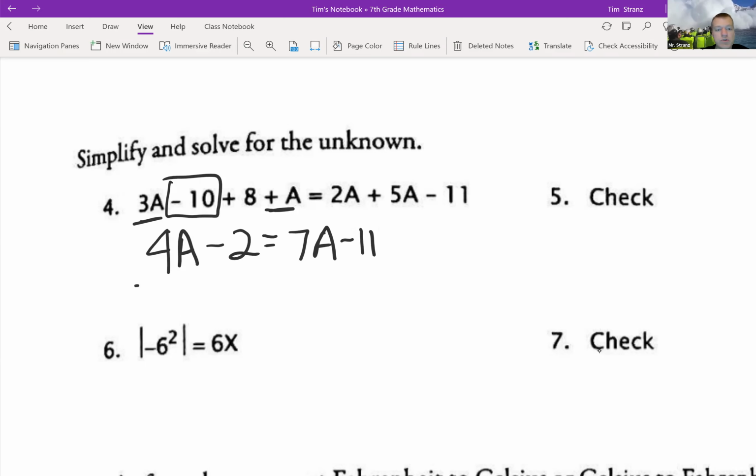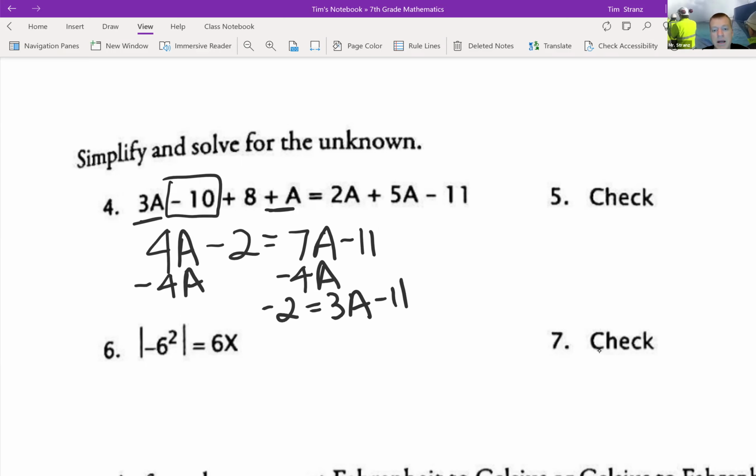All right, I'm going to subtract 4a here, which means I have to do that to the other side. So now I got negative 2 equals 3a minus 11. I'm going to add 11 here, add 11 here. 9 equals 3a. Divide by 3, and a equals 3.